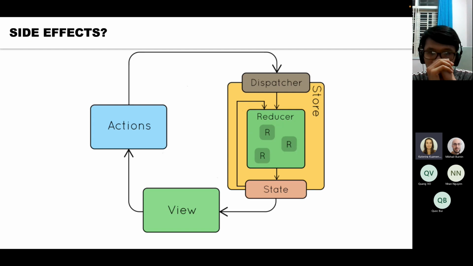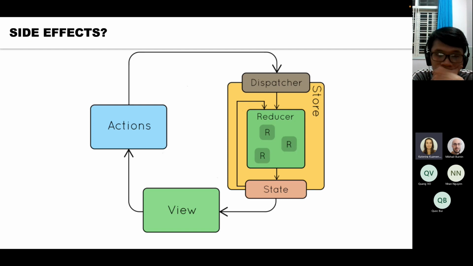Common features of side effects, just briefly. Some side effects can happen in response to Redux actions. For example, when a user clicks save, you might want to fire off an Ajax request. Side effects might dispatch Redux actions, like when the save process finishes successfully, you might dispatch save success, or when it fails, you might dispatch save failed.